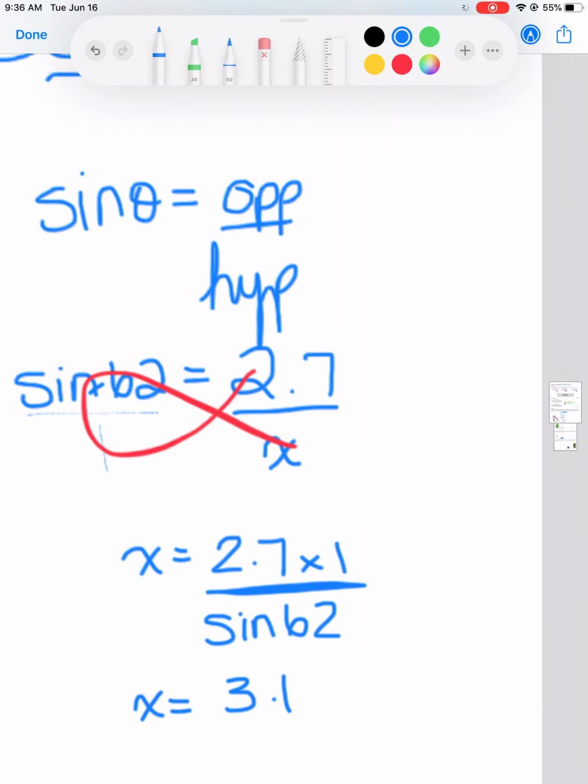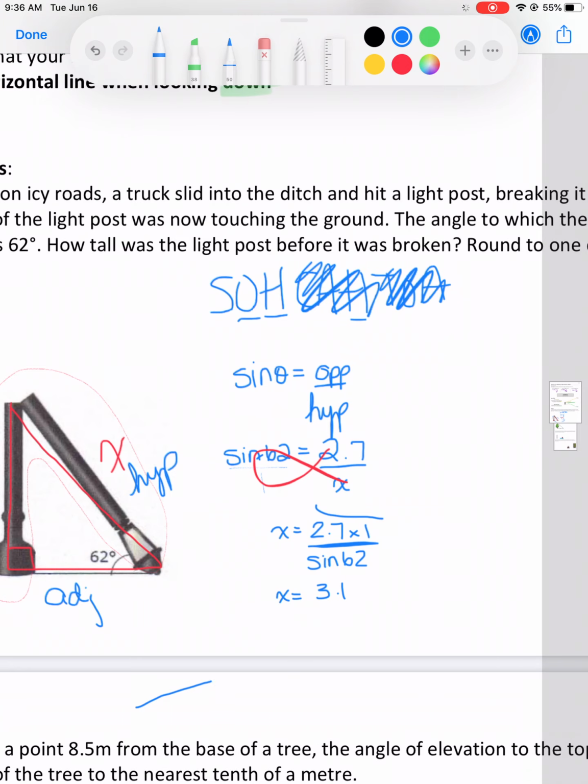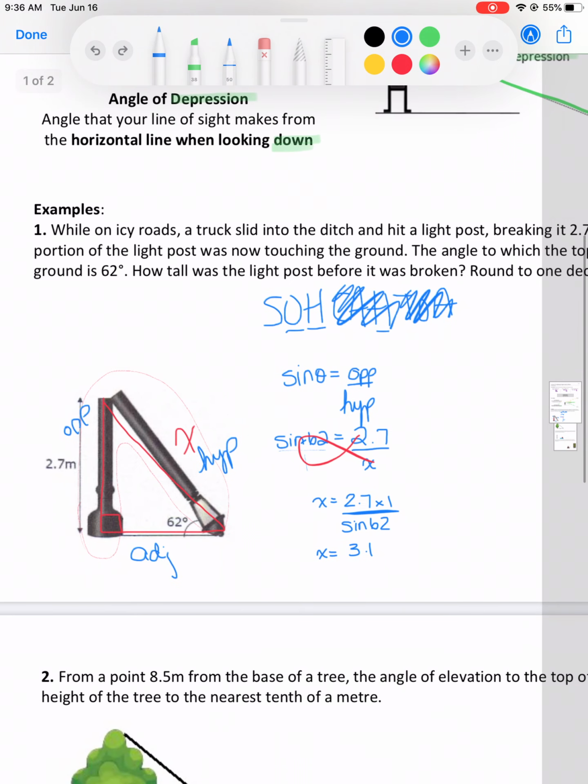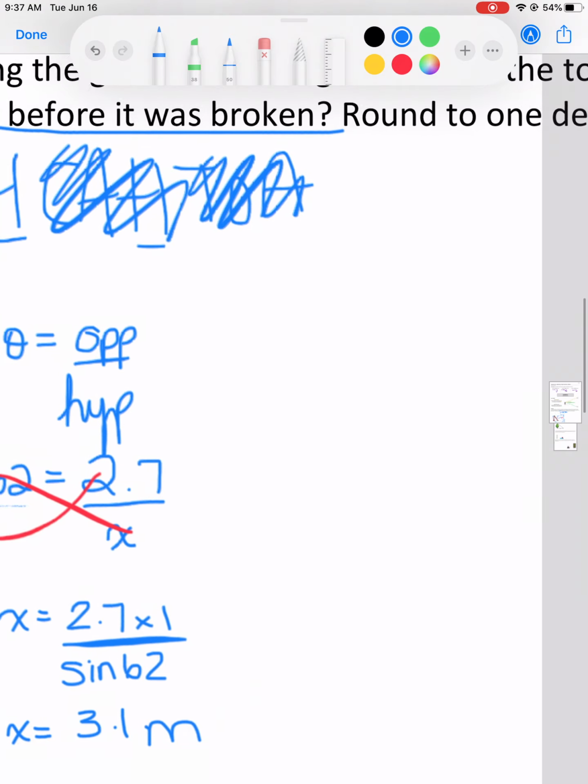Is that my final answer? Hopefully you're saying no right now, because it says, how tall was the light post before it was broken? This 3.1 is only that section, from here to here. We have to add in that piece, so it has to be 3.1 plus 2.7.